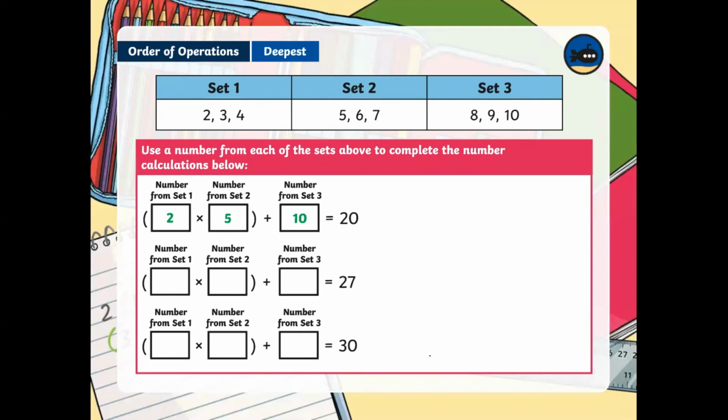Okay, so we need 27. If you want to be smart about this, you can start by subtracting 8 or 9 from 27. So you can see that you're going to get either 19 or 18.